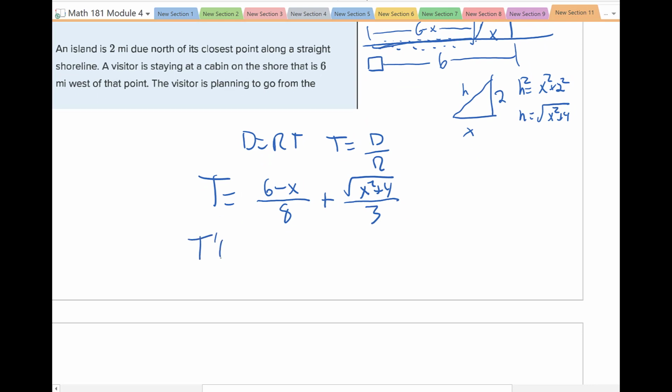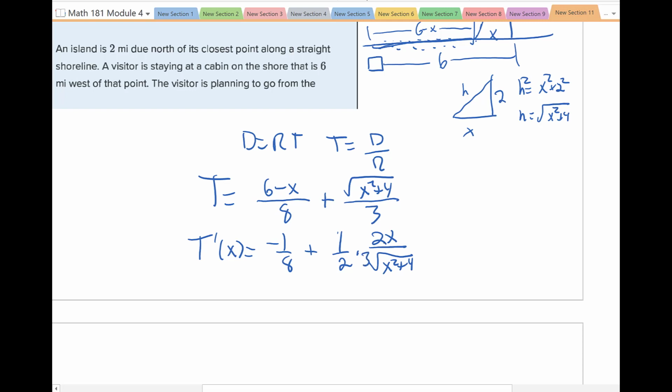So the derivative of t of x is going to be negative 1/8 plus, then we have the derivative of x squared plus 4 to the 1/2 power, so 1/2 times 2x is the derivative of what's inside, and down below is the square root of x squared plus 4, because that becomes a negative 1/2.